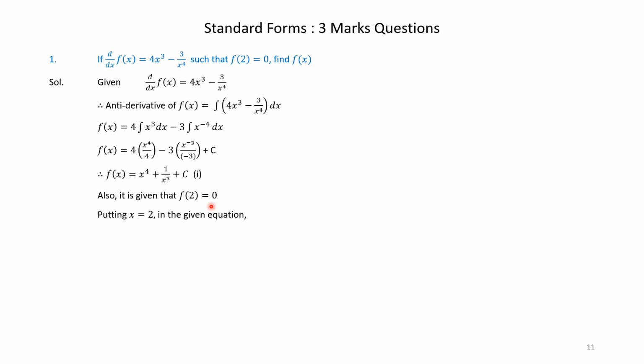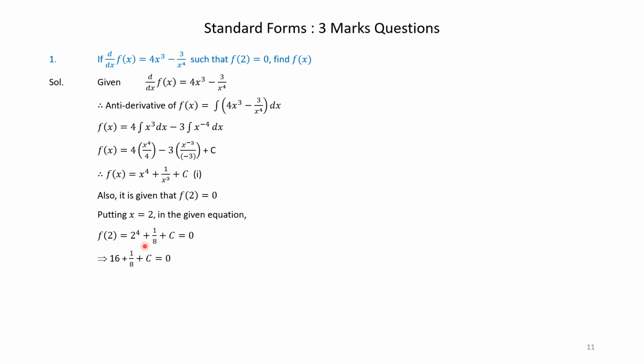Therefore, putting x is equal to 2 in the given equation, we get f(2) is equal to 2 to the power of 4 plus 1 over 2 cube. 2 cube is 8, plus the constant of integration as it is. It is not given. So, it is also given f(2) is equal to 0, so we put f(2) equal to 0 on the extreme left hand side.